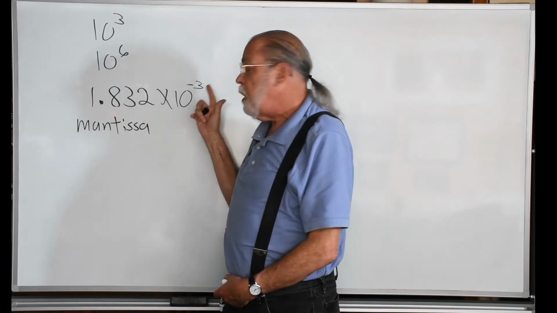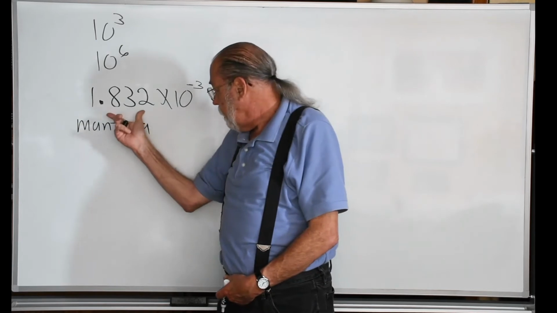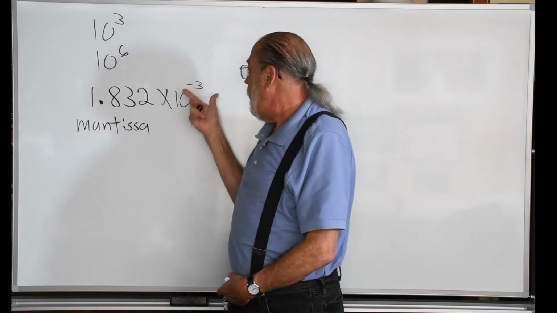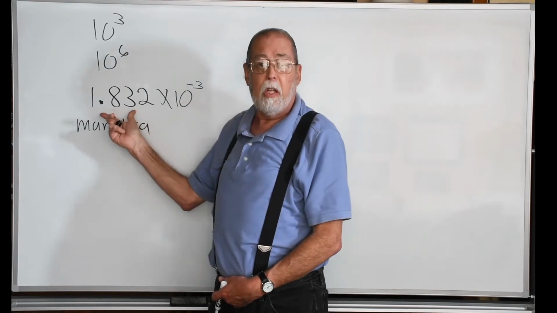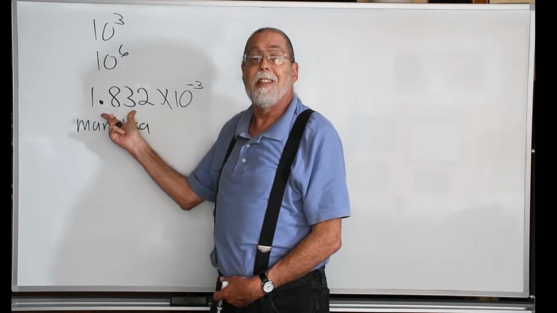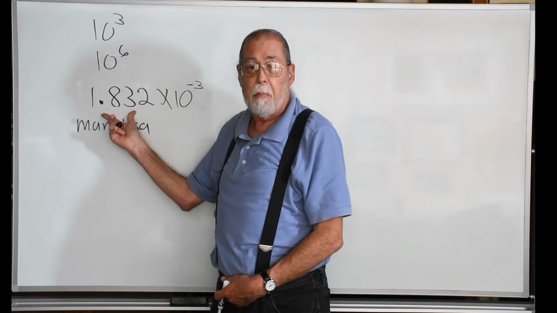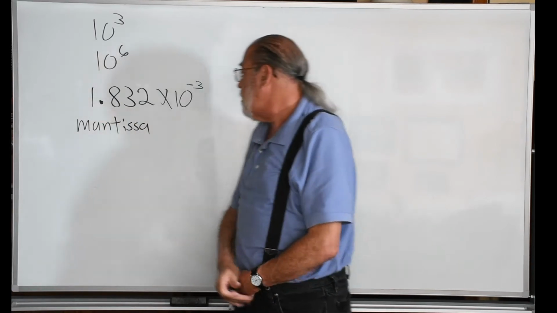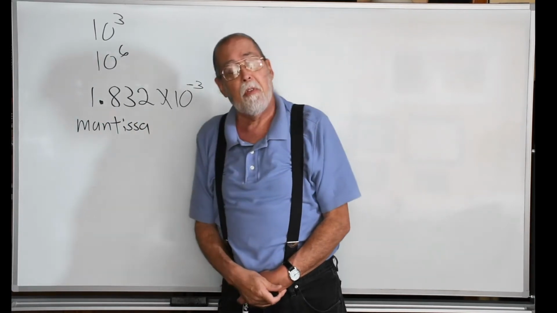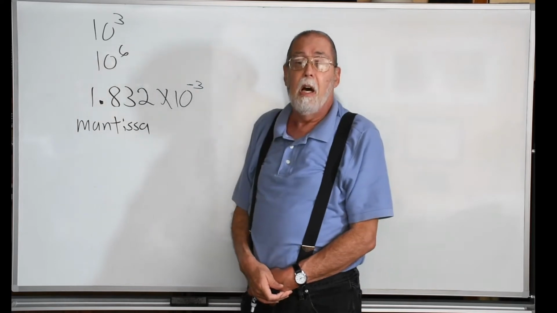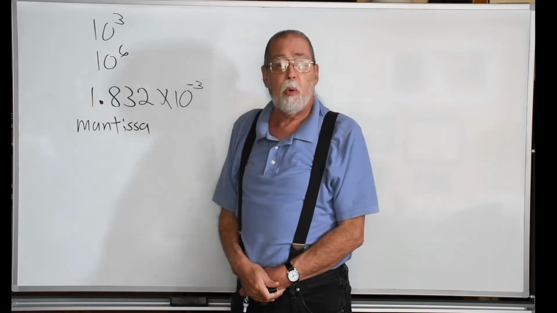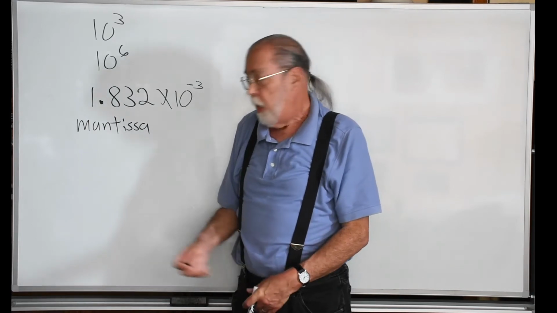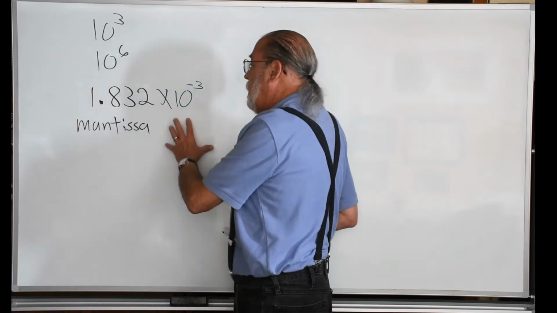If the exponent is 0, it's equal to the mantissa, and if it is positive, then the number is larger than 10. That helps keep things straight. Negative exponents, less than 1; positive exponents, greater than 10. A 0 exponent means it's equal to the mantissa. It's between 1 and 10. Any number can be written in this fashion.